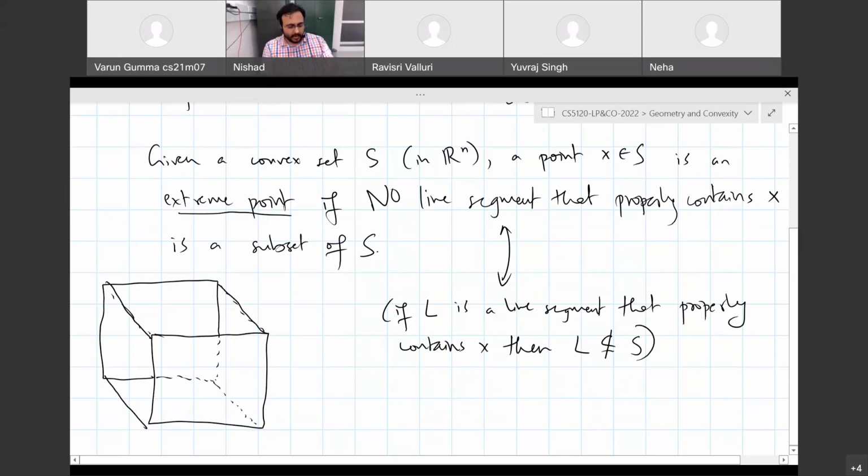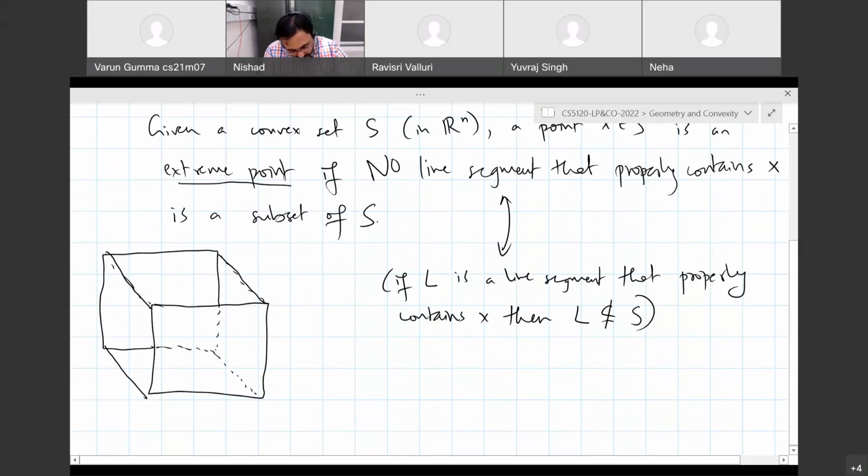All right. So if you look at a cube in 3D, the extreme points are exactly those points for which you cannot draw any line segment that properly contains the point and is contained in your set. Okay.